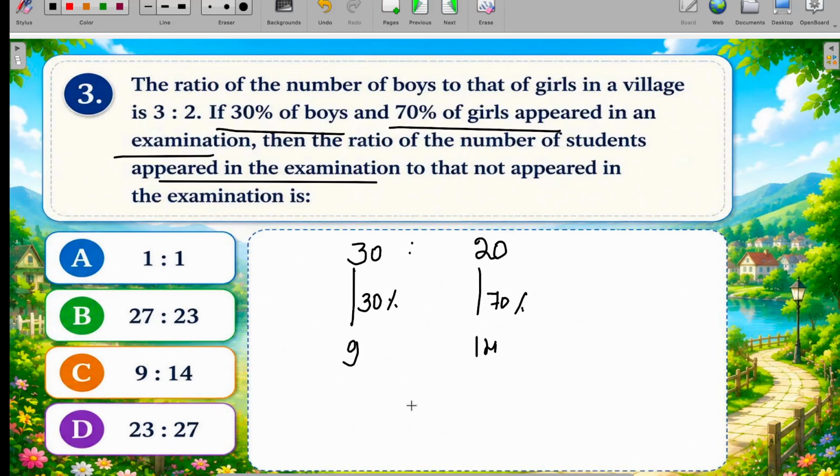So 9 plus 14 will be 23. Out of 50 members in total, 23 members appeared, which means 27 members did not appear. So your answer will be 23 is to 27.